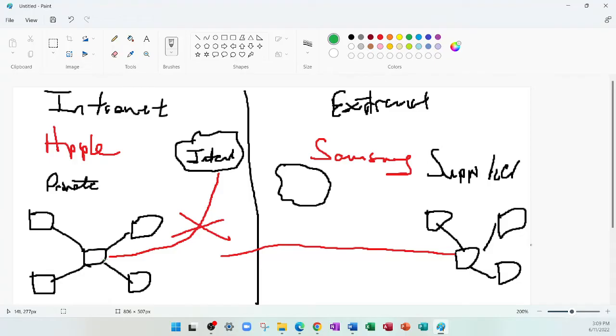So say for instance there's a computer on this intranet network here. This green one here, I'm just going to name it PC. And what Samsung is going to have is a private connection to this computer so that it can access some of the information that Apple wants it to see.